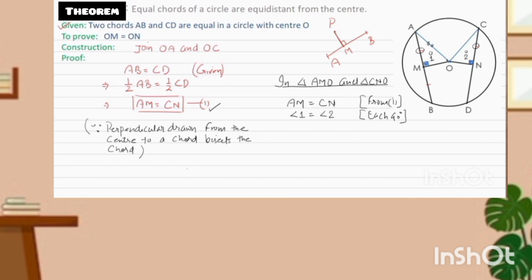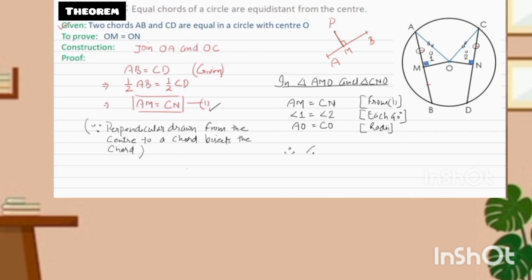Yes, exactly. OA and CO, isn't it? Because they both are radii of the circle. Therefore, AO equals CO because they are radii. So, radii of the circle are equal. So, using that we got AO equals CO.